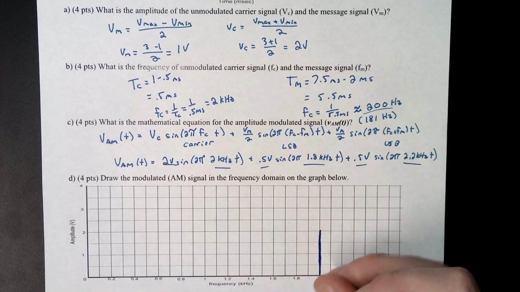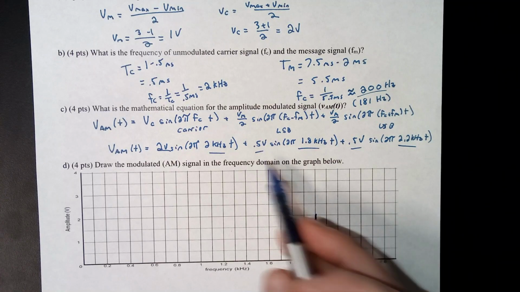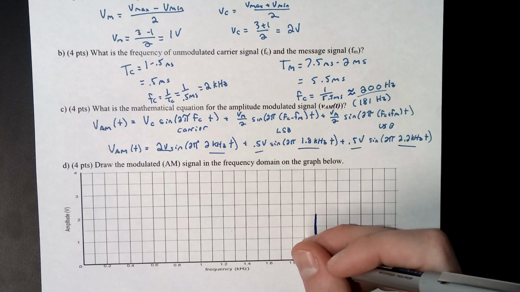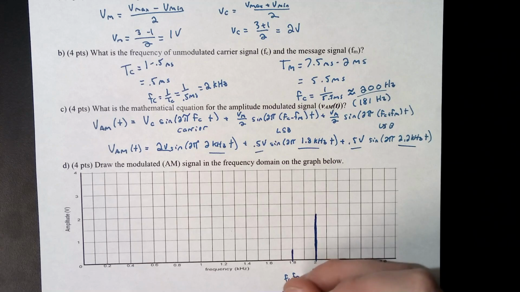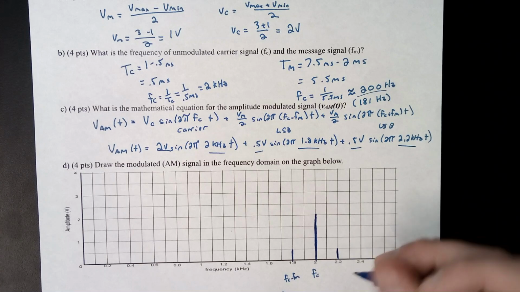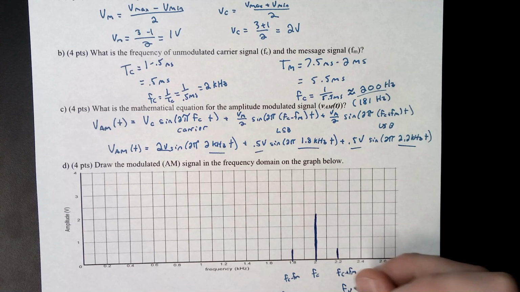This is our Fc. We need another one at 0.5 at 1.8, our Fc minus Fm. That's our FLSB, our lower sideband frequency, and then a 0.5 at 2.2 kilohertz. That's Fc plus Fm, or FUSB, upper sideband.